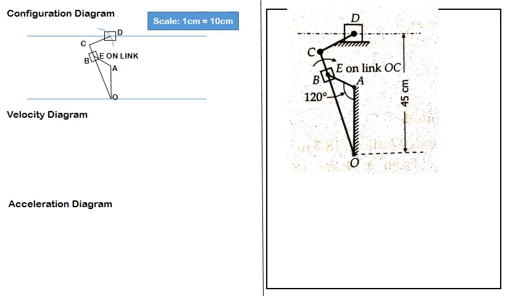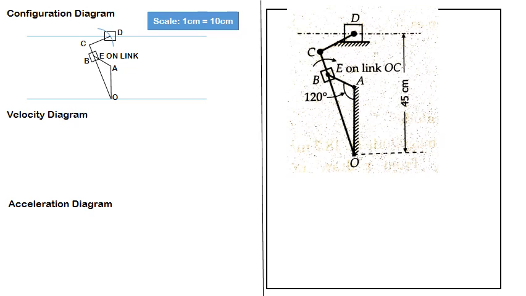So I have reduced it to the required scale and drawn OC. Now using a divider, I have drawn an arc of length CD to the reduced scale and then joined CD, and that's how I have completed the configuration diagram. I already told you how to draw the configuration diagram in the earlier example also, so in the same way you have to do it for this one.